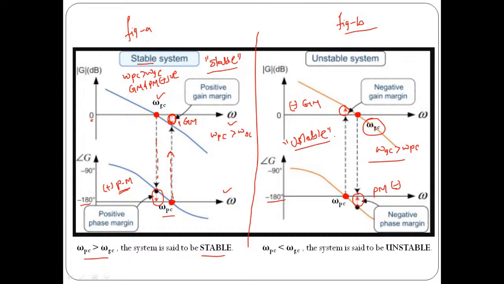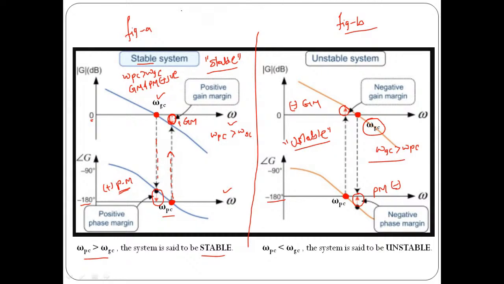Then we draw the variation of the open loop transfer function's magnitude and angle contribution with respect to frequency on semi-log paper, then calculate the gain crossover frequency omega GC, the phase crossover frequency omega PC, the gain margin GM and the phase margin PM, and then apply that simple logic.